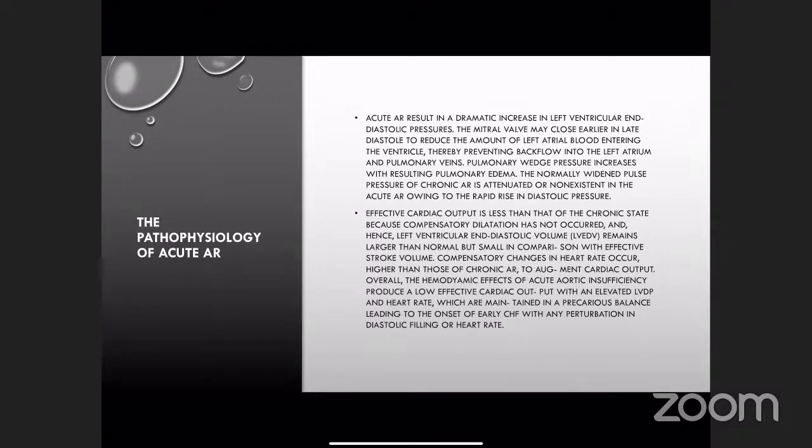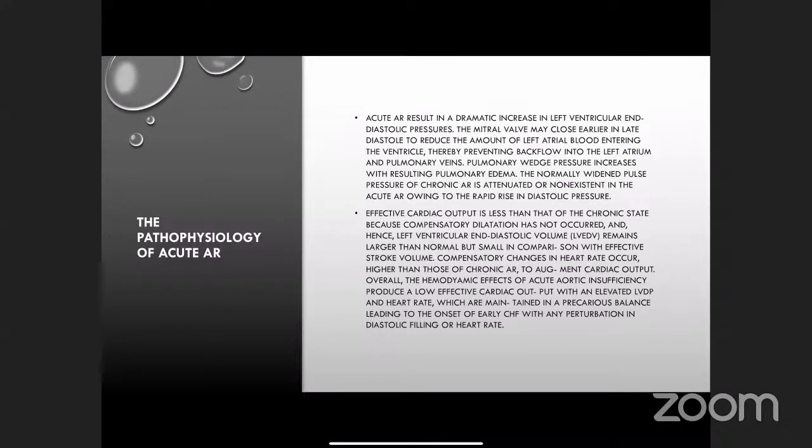Effective cardiac output is less than that of the chronic state because compensatory dilatation has not occurred, and hence left ventricular end-diastolic volume remains larger than normal, but with small conversion to effective stroke volume. Compensatory changes in heart rate occur higher than those of chronic aortic regurgitation to augment cardiac output.